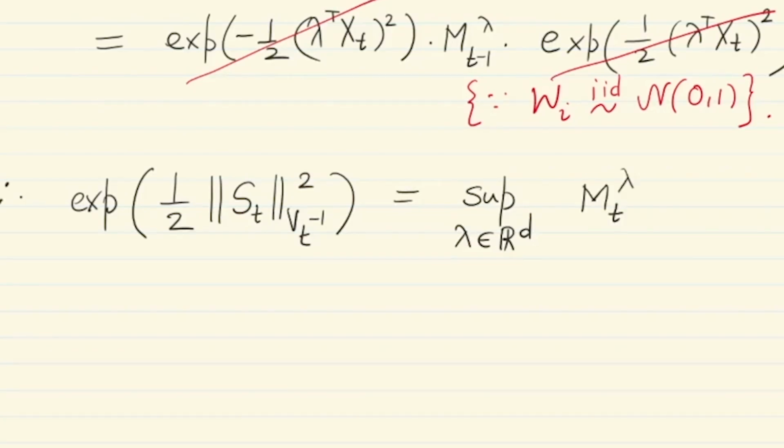Okay, so M_t lambda we have just shown is a martingale for a fixed value of lambda, and in some sense, what we want to control is on the left hand side, up to a monotonic transformation of exponentiating, and we essentially would like to control the fluctuations of a supremum of many martingales.